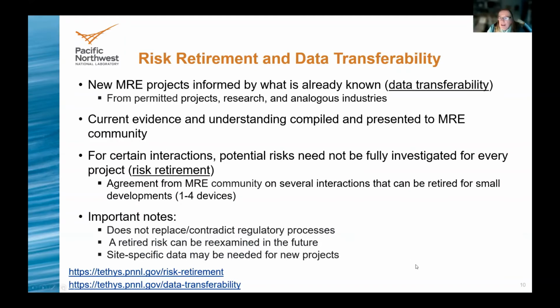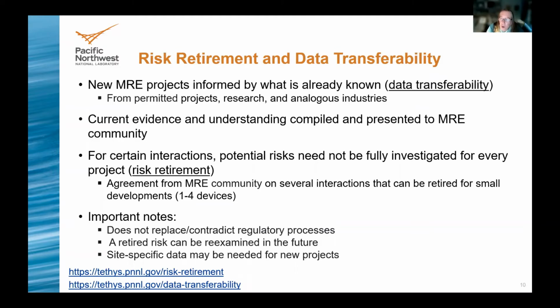But what do we mean by this risk retirement term? What we mean is that for certain interactions, the potential risks may be quite low and probably do not need to be investigated at every new project, but rather rely on the existing data, which you can get through this matrix and data transferability.